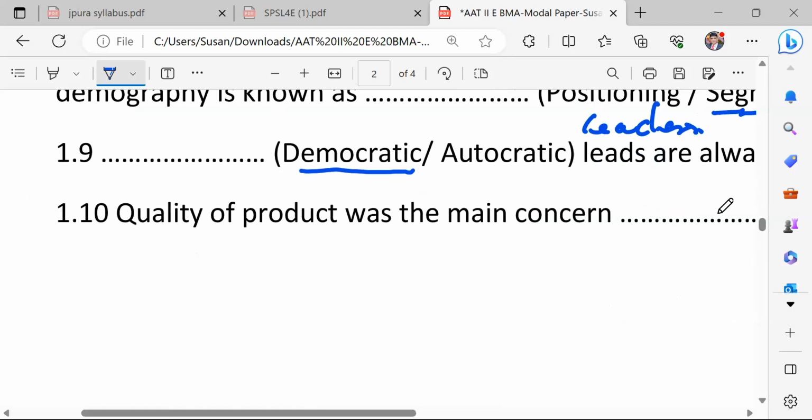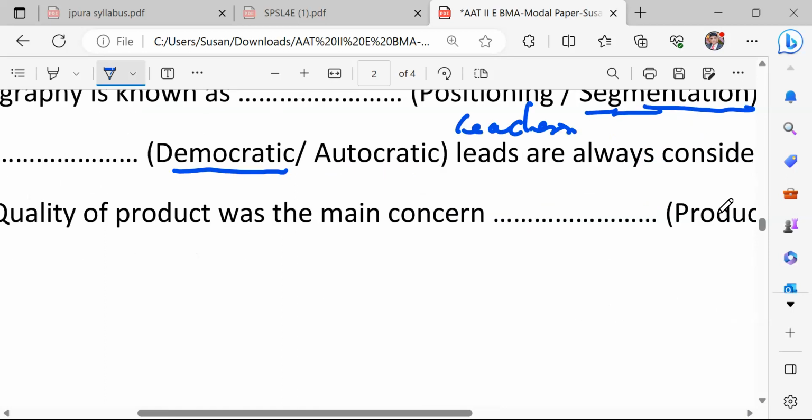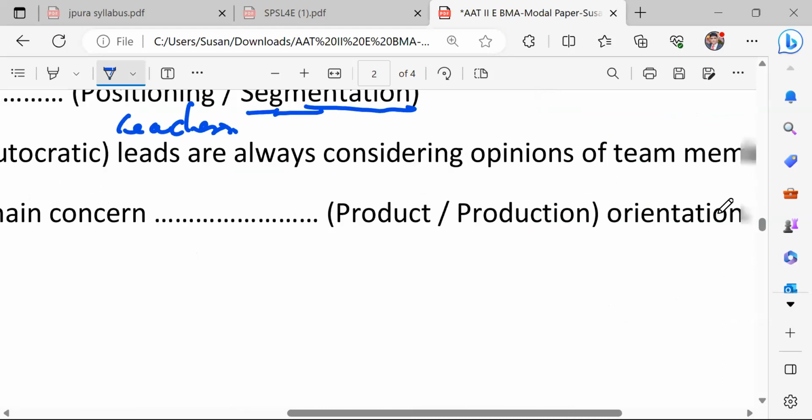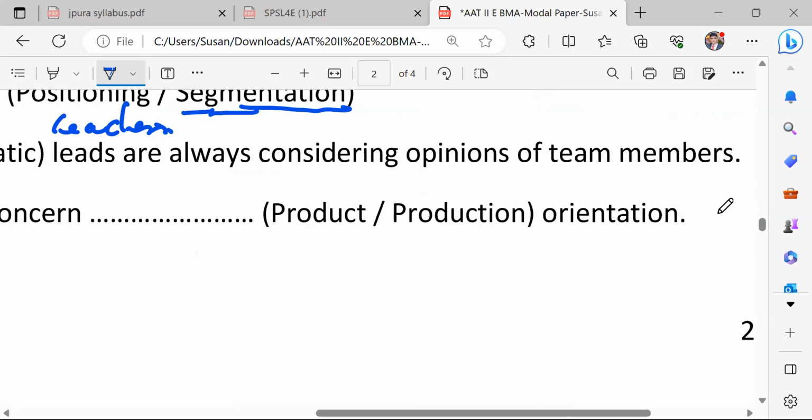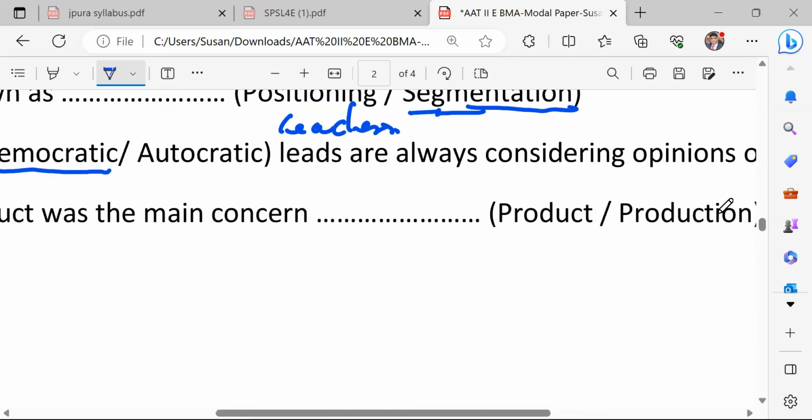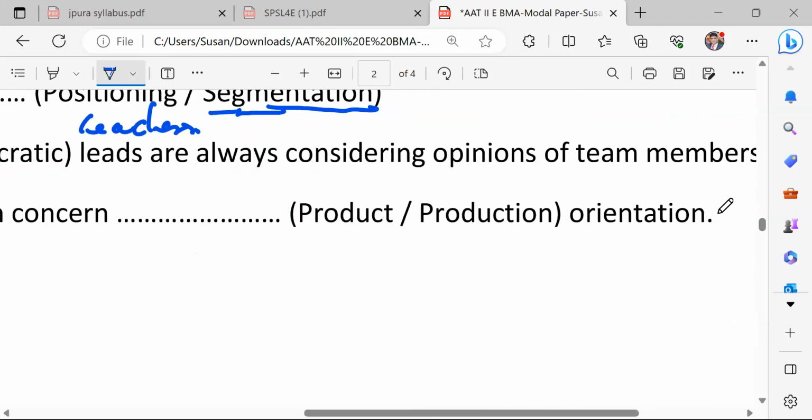Quality of product was the main concern. This is asking about different orientations of marketing. We have discussed production orientation, product orientation, marketing orientation, and societal marketing orientation. Concern about the quality of the product is product orientation.